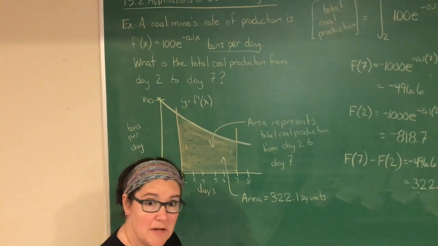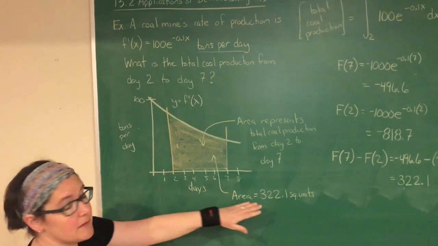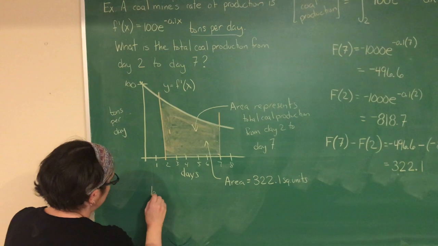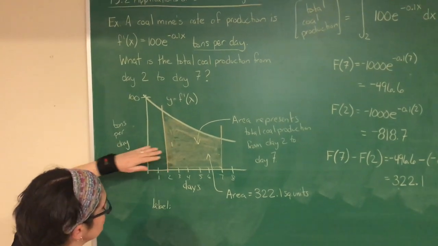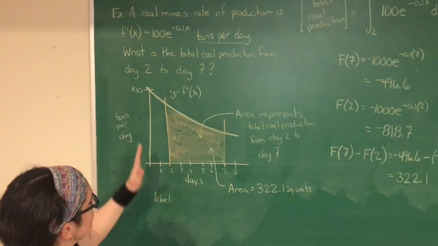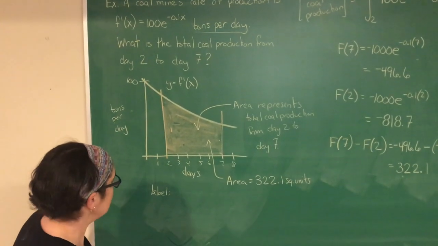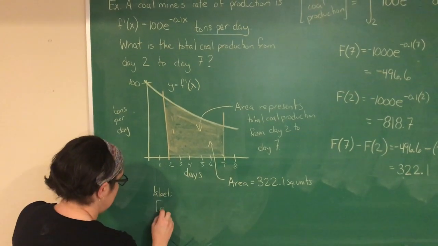But in terms of the meaning of our problem, let's think about what the label is going to be on this number in the context of our problem. Well, we have area, so that's like a base times a height, or a width times a length. It doesn't really matter how you think about it. But we have our horizontal label of days.